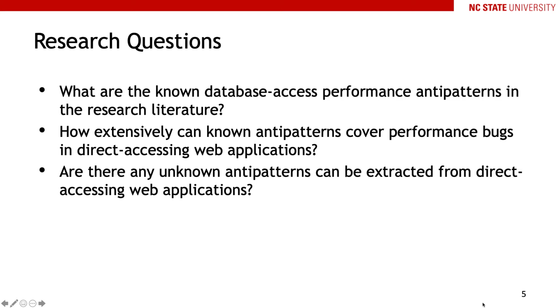So we want to know how extensively can known anti-patterns cover performance bugs in direct accessing web applications. And for those bugs not matched with any known anti-pattern, are there any unknown anti-patterns that can be extracted from direct accessing web applications?